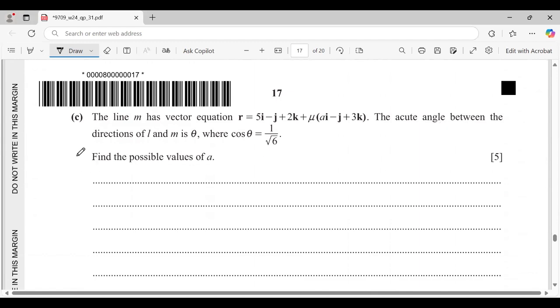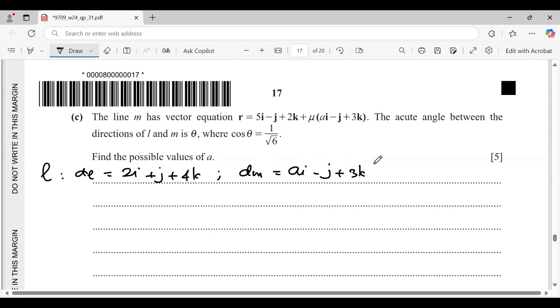The line L has direction vector dl equal to 2i plus j plus 4k. Meanwhile, the line M has direction vector dm equal to ai minus j plus 3k.